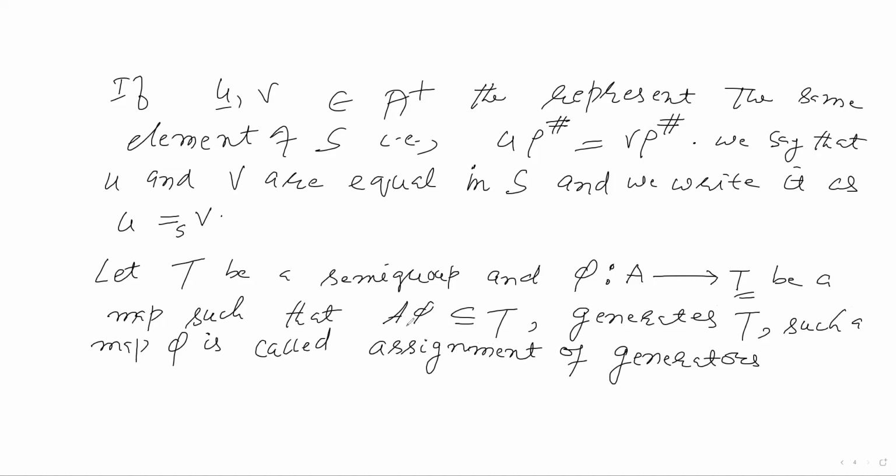So this A phi, which is a subset of T, generates T as a semigroup. So we say that this map phi is an assignment of generators.